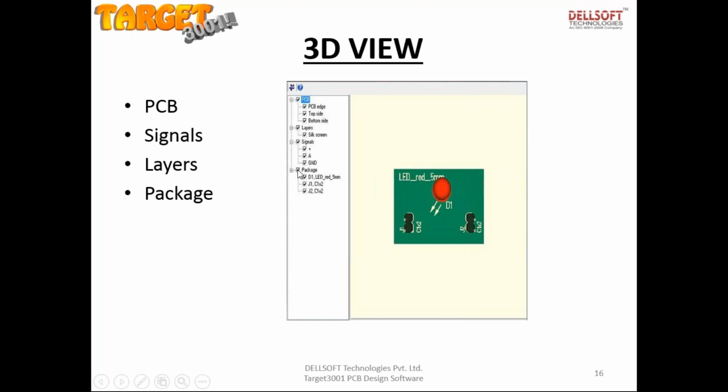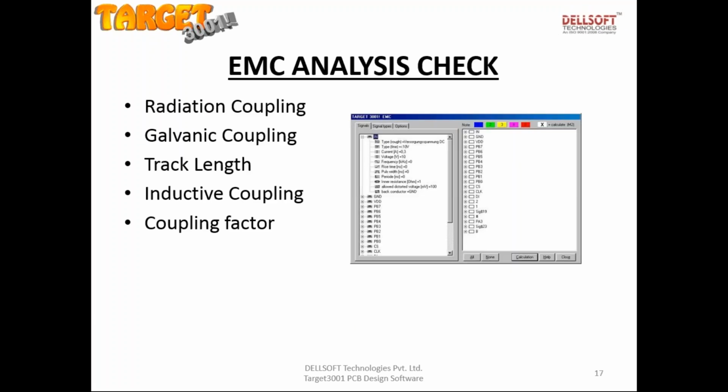If there is a large circuit, you can check or uncheck this package, and one by one you can see where components are located. Okay. So there are four parameters given in 3D view. It is just to give you an overview of how your circuit looks after the creation of the circuit. So 3D view is there.